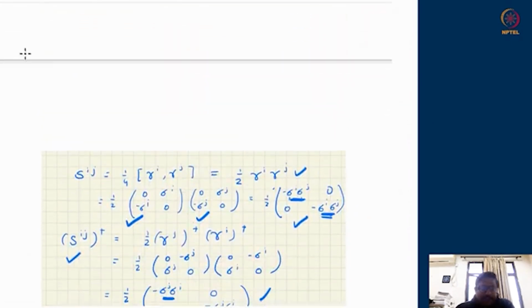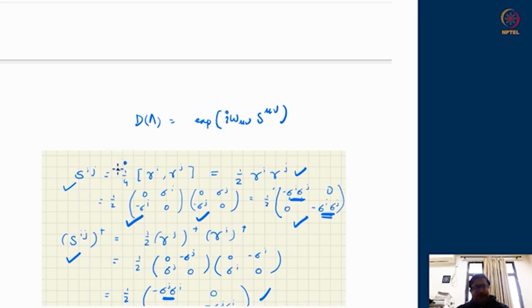When I write the transformation generators as 1/4 commutator gamma i gamma j, typically the Lorentz transformation matrix d lambda is written as just exponential of omega mu nu S mu nu. However, if I want to write it in terms of iota omega mu nu, then many times people would write a minus iota in front as well. With any of these definitions, we can go ahead, but we should be careful to write in a consistent notation.